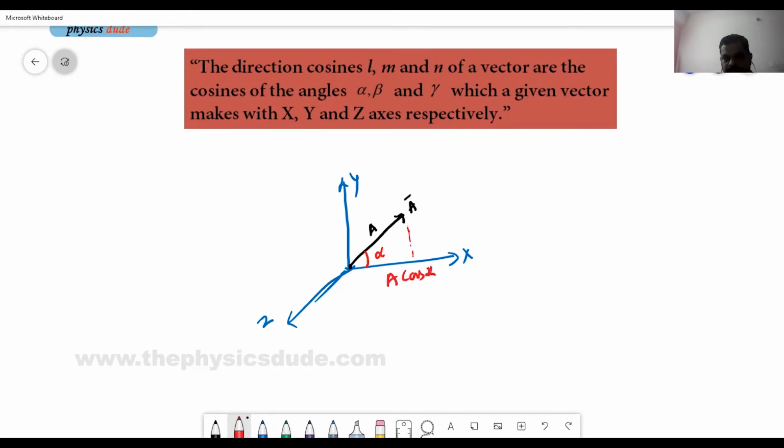Similarly, let us consider the angle made by this a bar with y-axis, beta. The component here is a cos beta. Similarly, the angle made by the vector with z-axis is gamma. The component is a cos gamma.